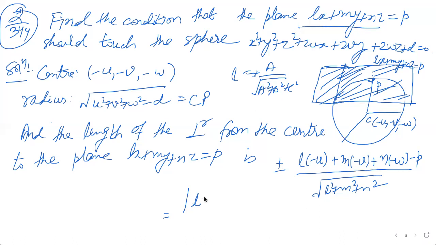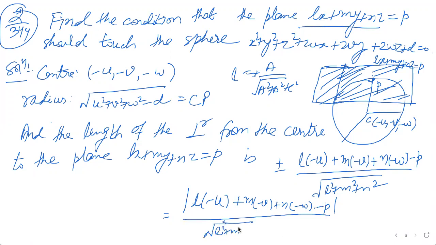So when you take the mod, it will become how much? I can write mod of it with the plus minus sign. If you remove it, it will become minus u plus m into minus v plus n into minus w minus p upon under root, because it is always positive, so the denominator you can write L square plus M square plus N square.